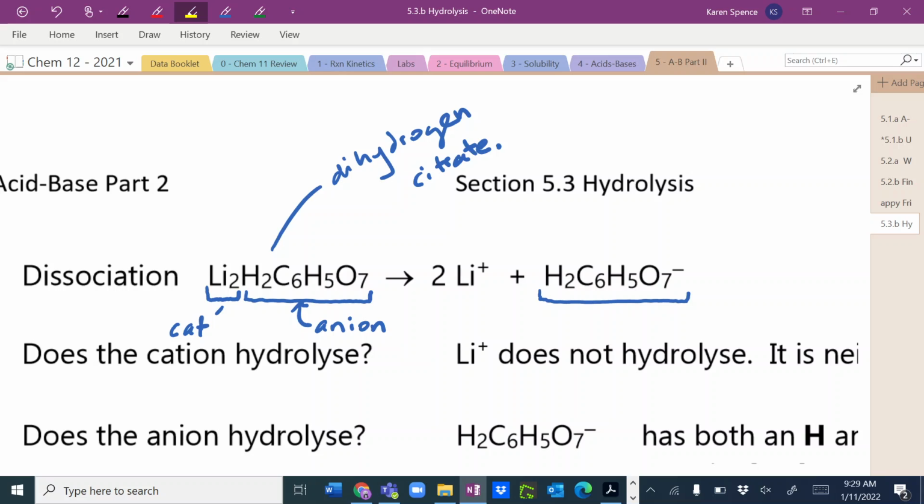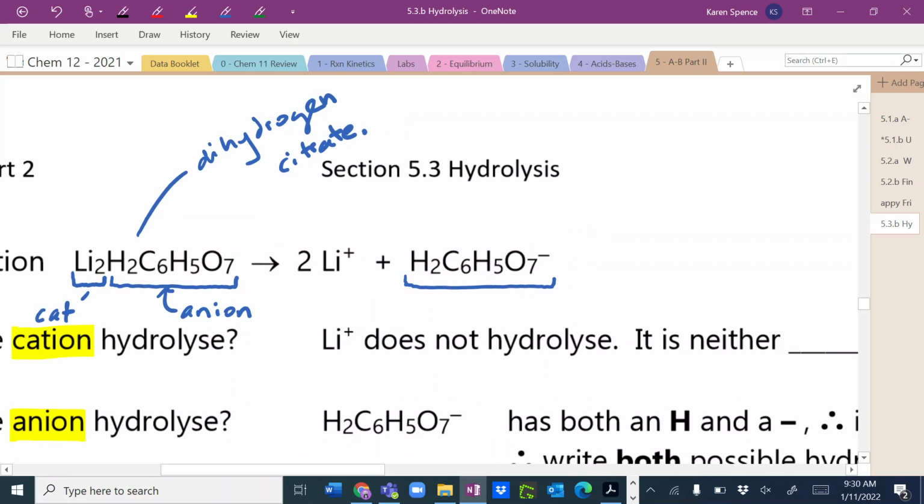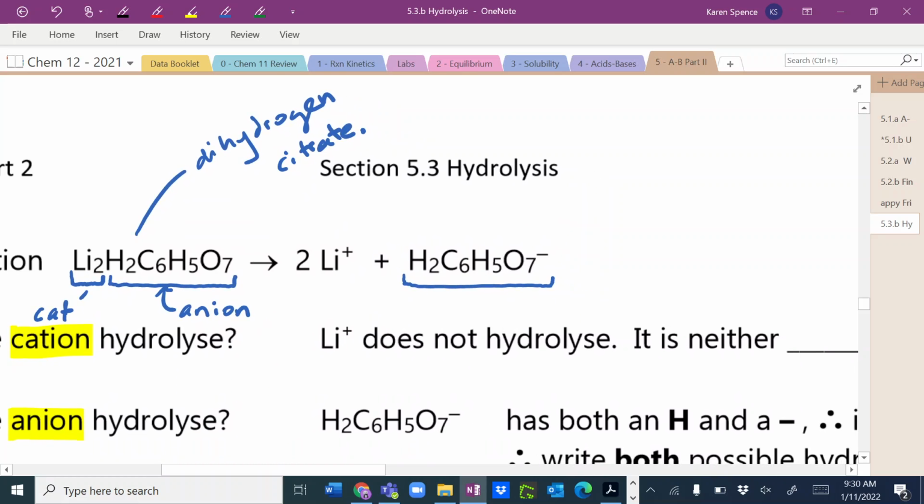Once you have split your ions apart, you're going to ask yourself, does the cation hydrolyze and does the anion hydrolyze? Lithium does not hydrolyze. Why not? It is a cation, and only 4 hydrolyze.